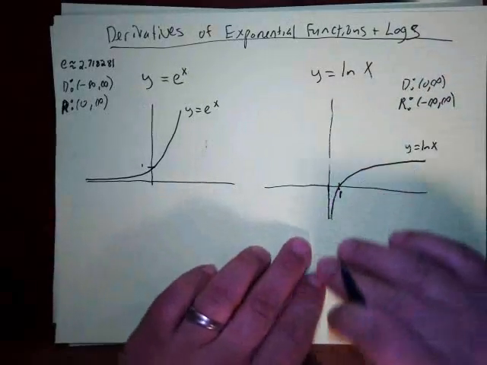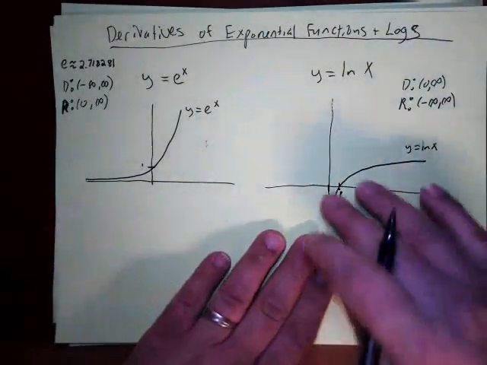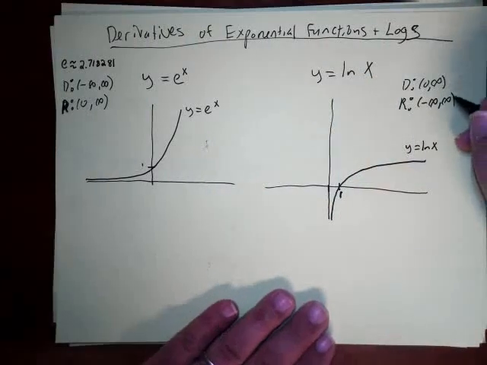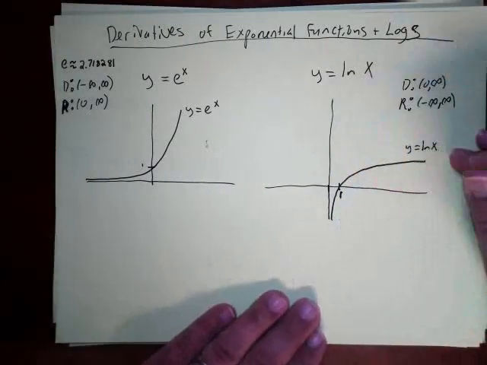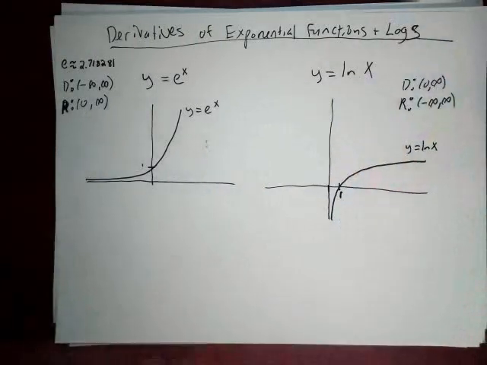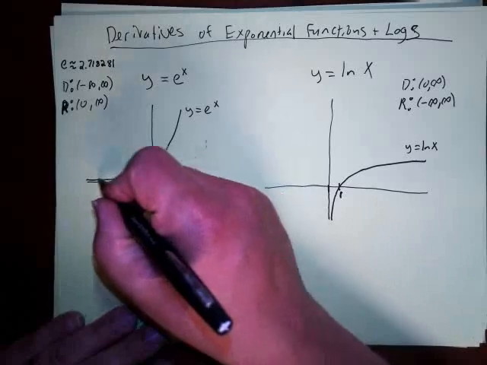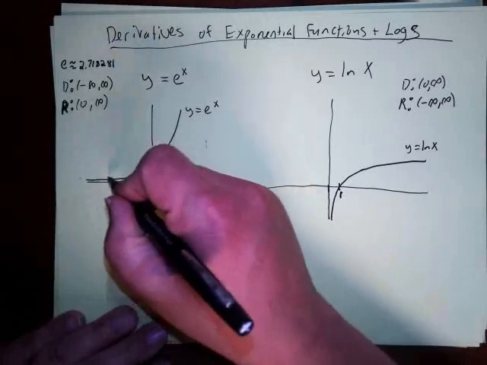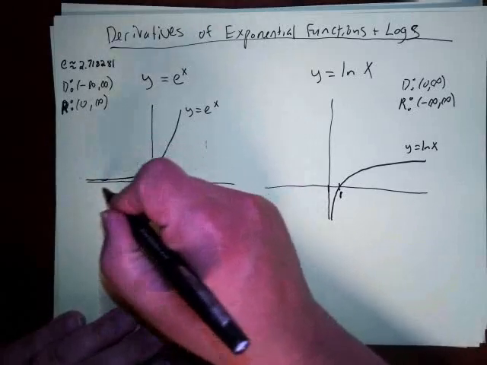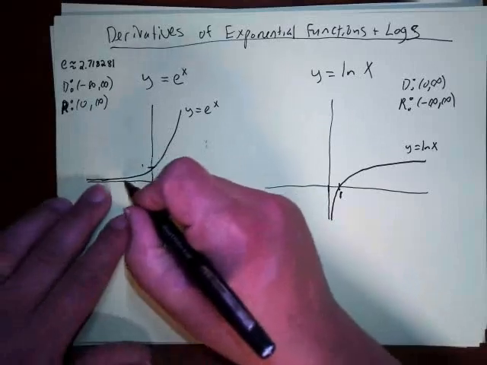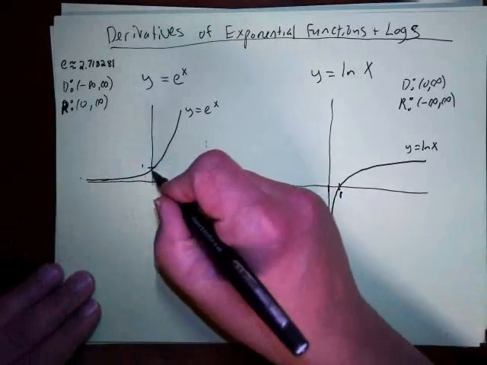The log goes down to negative infinity, and it'll keep rising up to positive infinity, even though it does it very, very slowly. So let's think about the derivative here. If you notice this asymptote, the slope of the tangent lines here are very, very close to 0, and then it goes up here to 1.